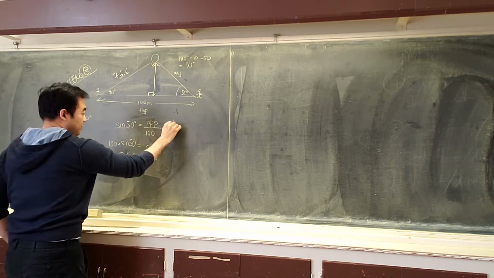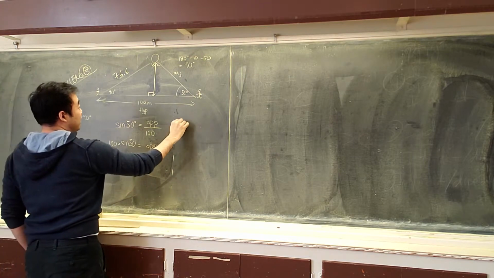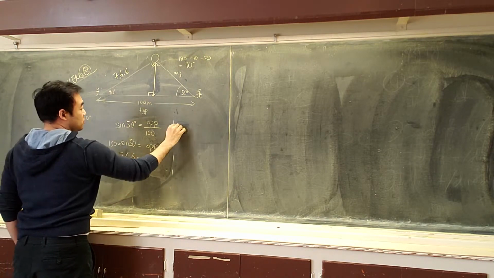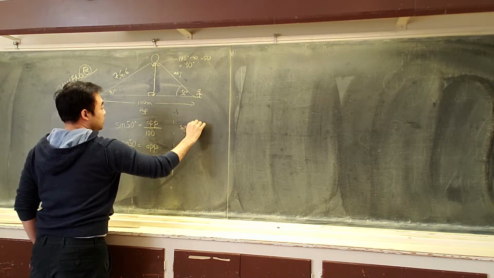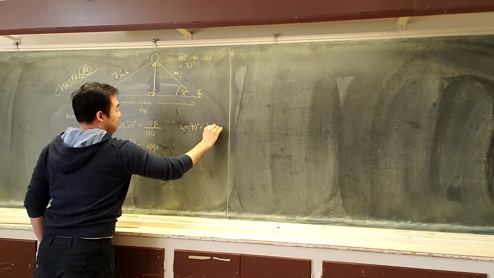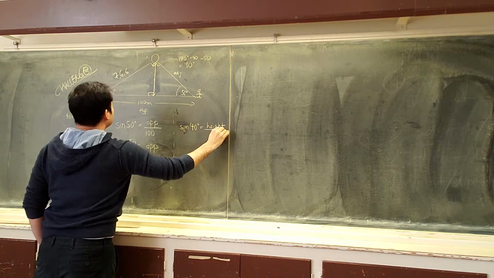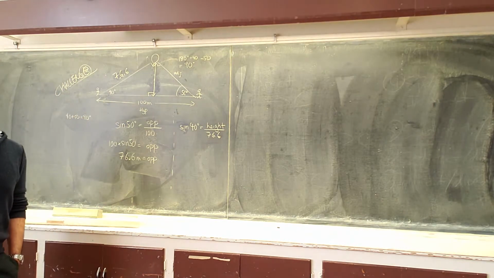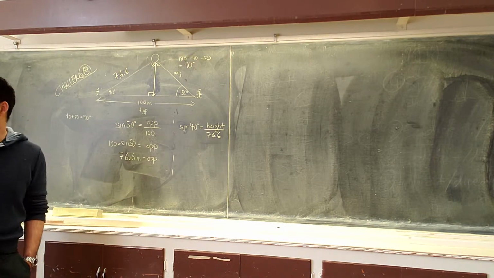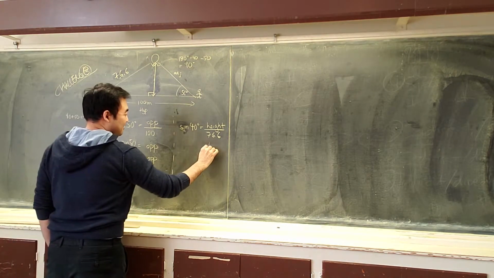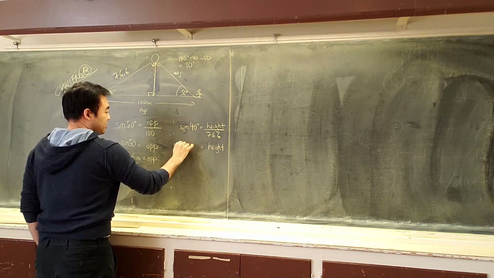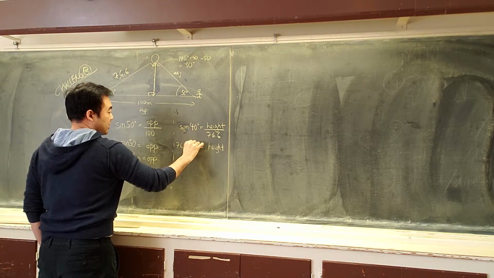We have sine of 40 degrees is the opposite side, which is the height, divided by the hypotenuse, which is 76.6. So my height is going to be 76.6 multiplied by sine 40.